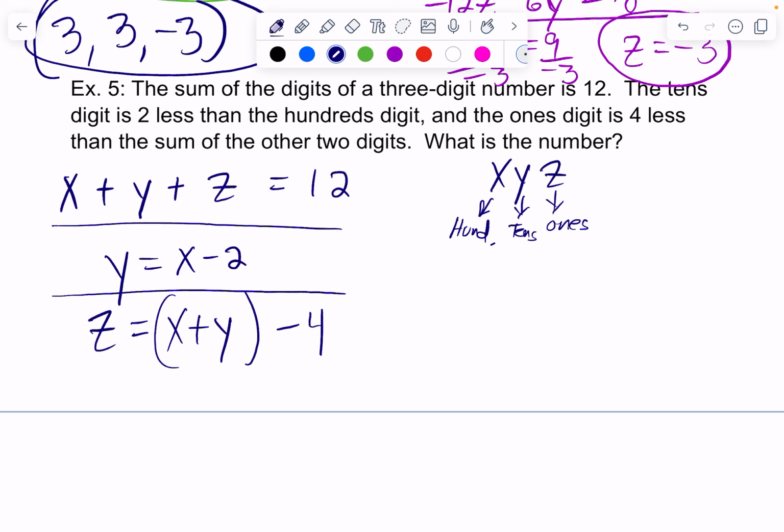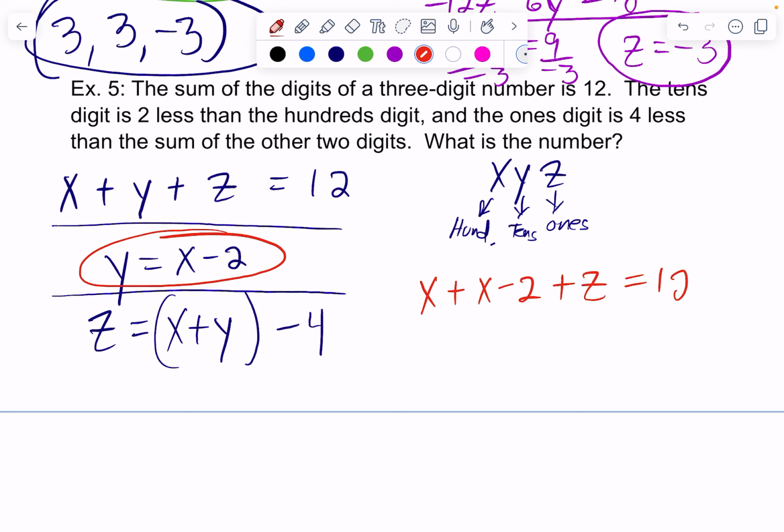Okay, so I have here that y equals x minus 2. So I'm going to go x plus y, which is x minus 2, plus z equals 12, which is 2x plus z equals 14.